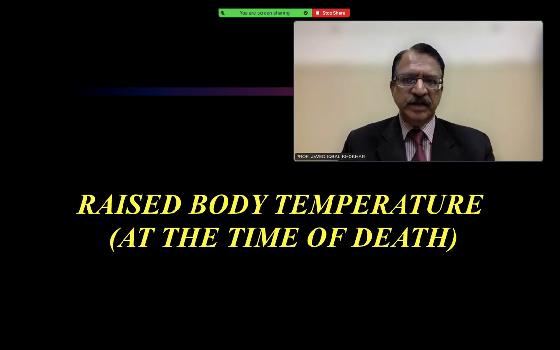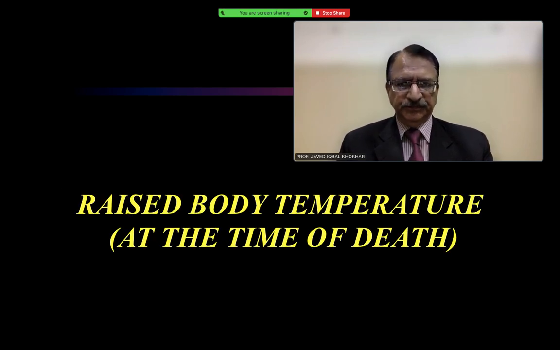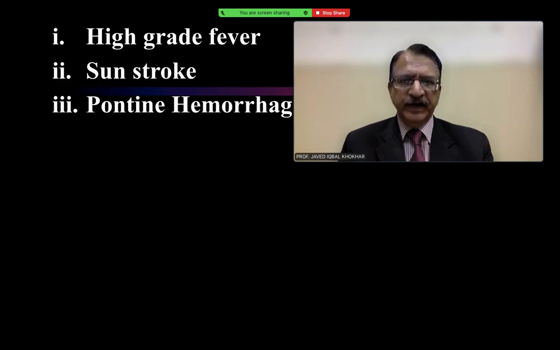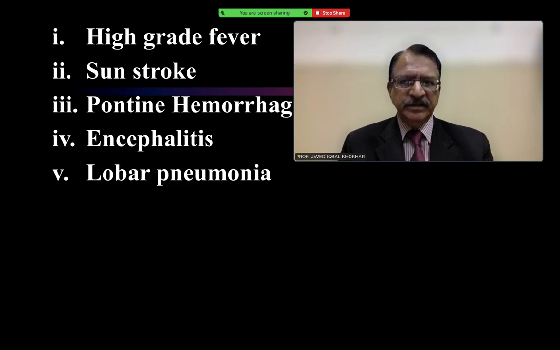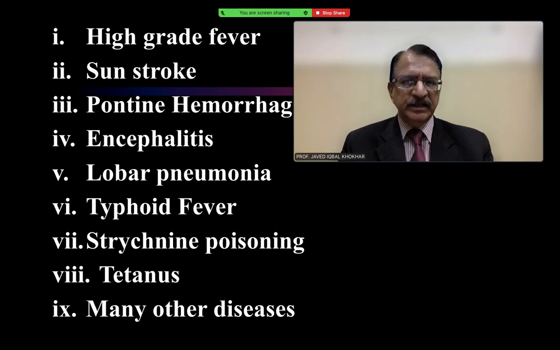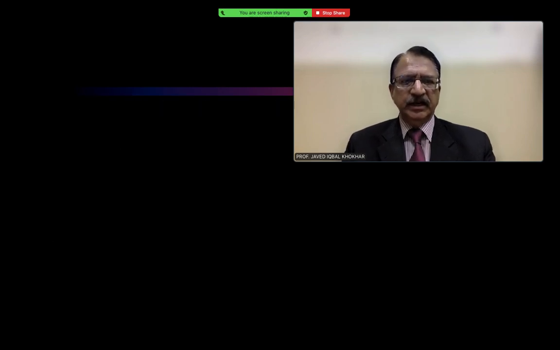Other situations in which the body temperature is higher than normal are high grade fevers, sunstroke, pontine hemorrhage, encephalitis, lobar pneumonia, typhoid fever, strychnine poisoning, tetanus, and many other diseases in which the temperature at the time of death is higher. But in septicemia, the body temperature continues to rise even after death.